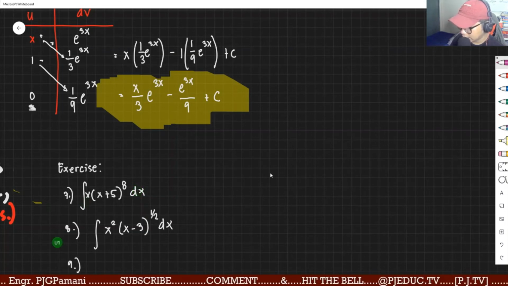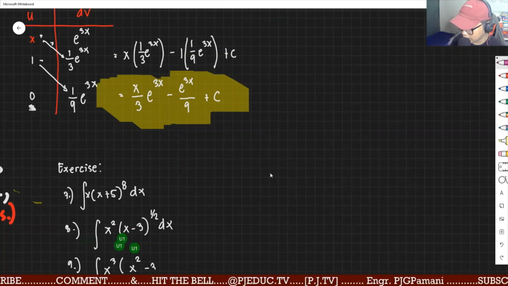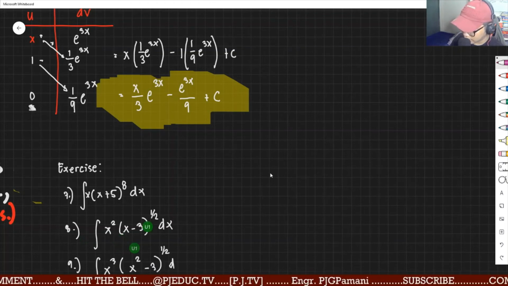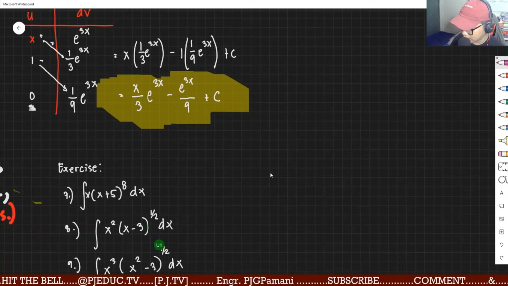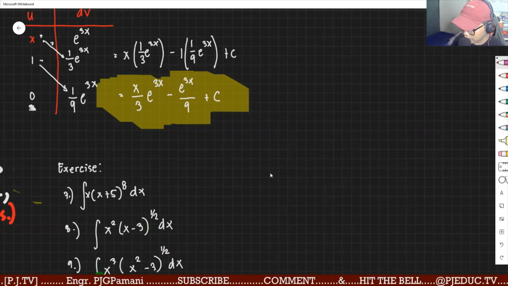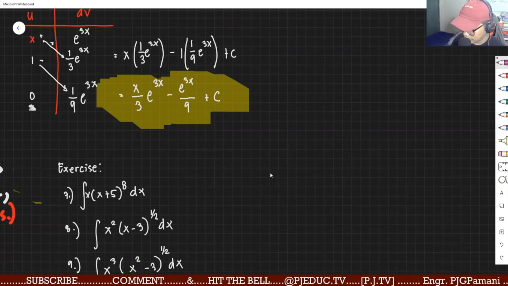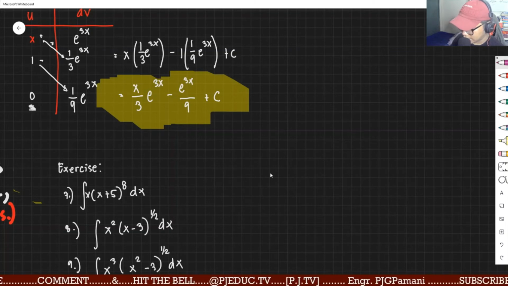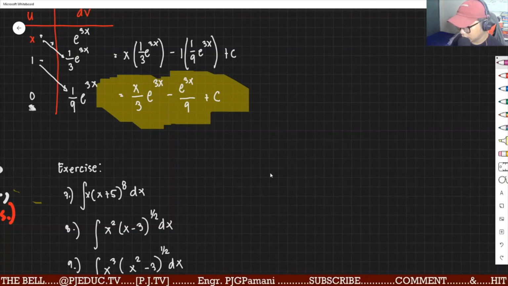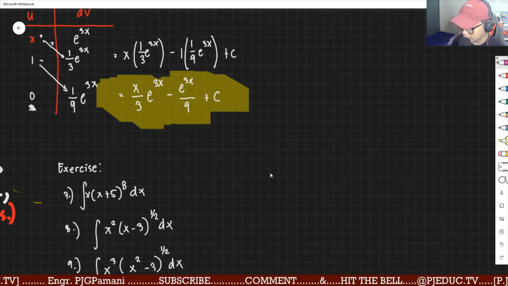Number 9, integral of x cubed times (x squared minus 3) raised to 1/2 dx. Number 10, integral of (5y minus 1) ln y dy. And lastly, number 11, integral of sine 2x times sine 3x.